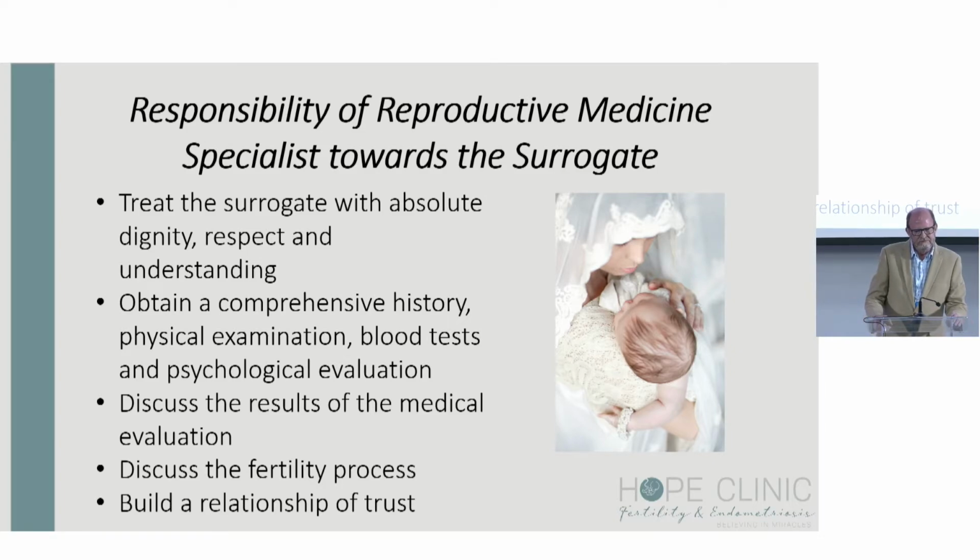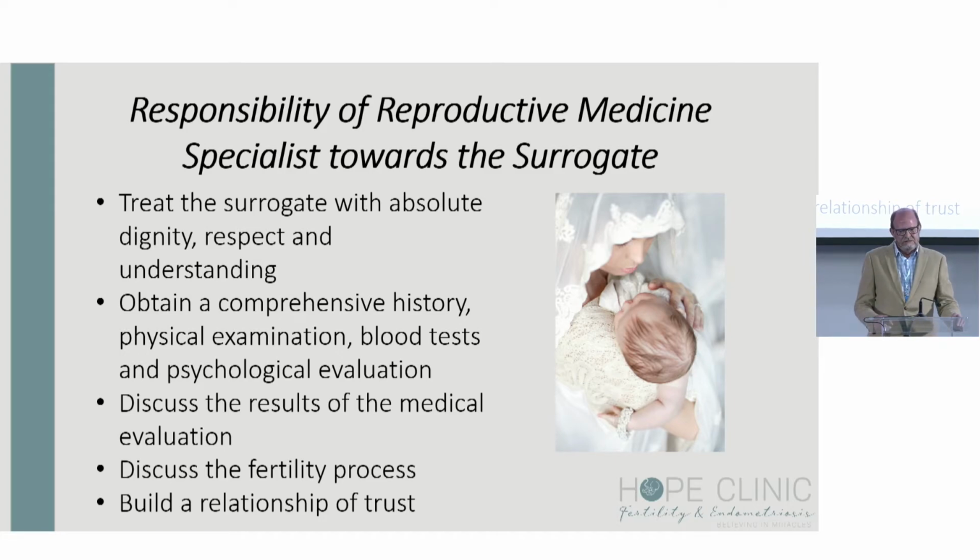So treat the surrogate with absolute dignity, respect, and understanding. And then we must obtain a comprehensive history, do a physical examination. We have to do blood tests, and we have to refer the patient to an eligible psychologist for comprehensive evaluation.